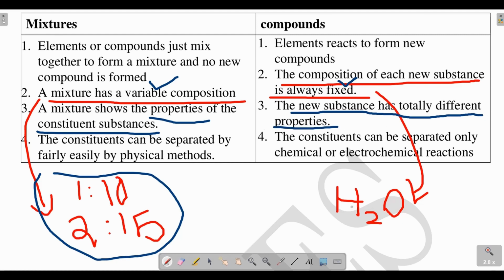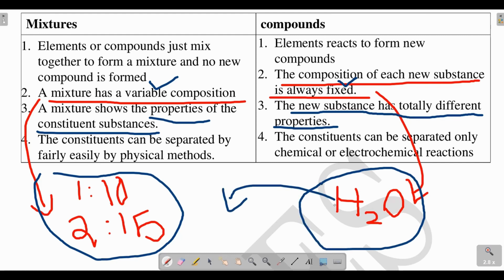For example, the properties of water. See, hydrogen is a highly combustible substance, and oxygen is a supporter of combustion. That means it helps the combustion process. But when this hydrogen and oxygen chemically combine and form water, it acts as an extinguisher of combustion or fire.